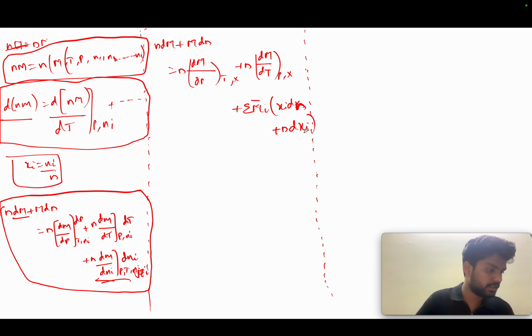Any doubts regarding this equation? I will explain it. Can you understand how this equation came from this to this?